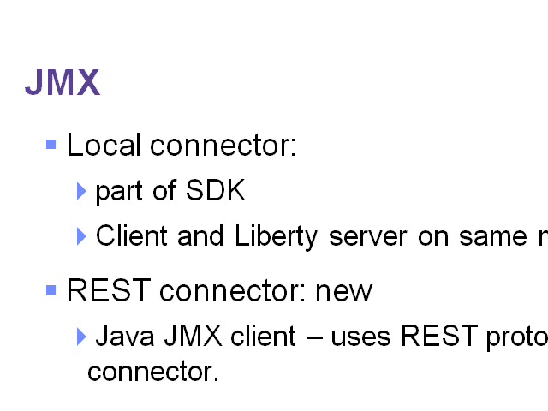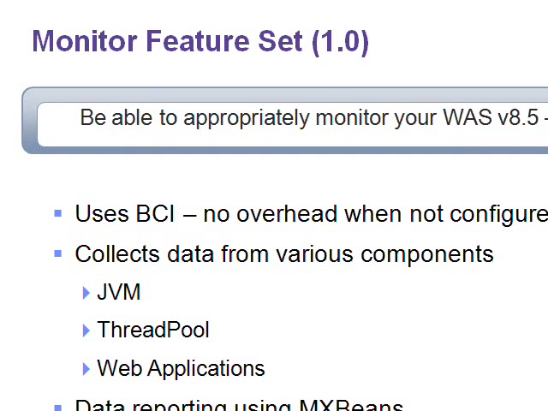And knowing the metrics, the JVM metrics, the thread pool metrics, the web container metrics, the session metrics, the connection metrics, the CPU metrics, knowing the metrics of the system, of the environment, will be key to debugging such situations. So in that spirit, it is important to support monitoring in Liberty as well.